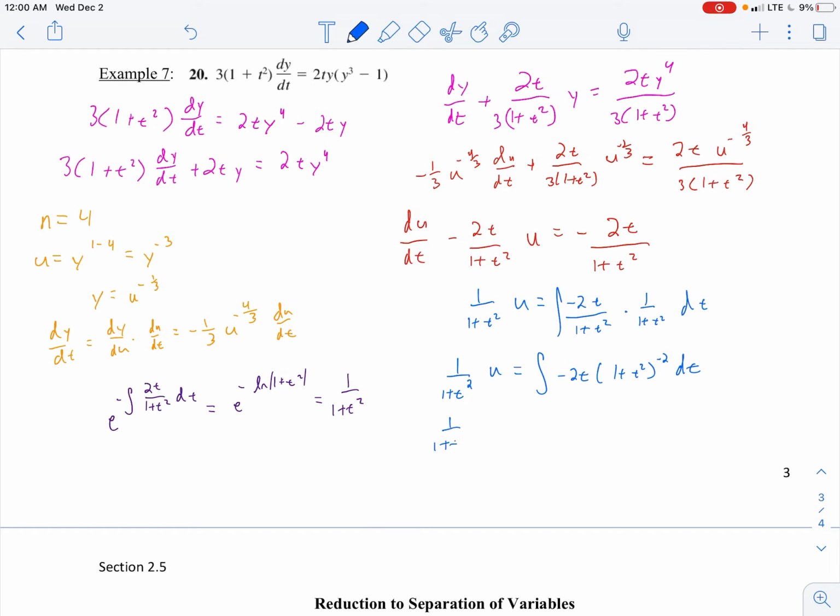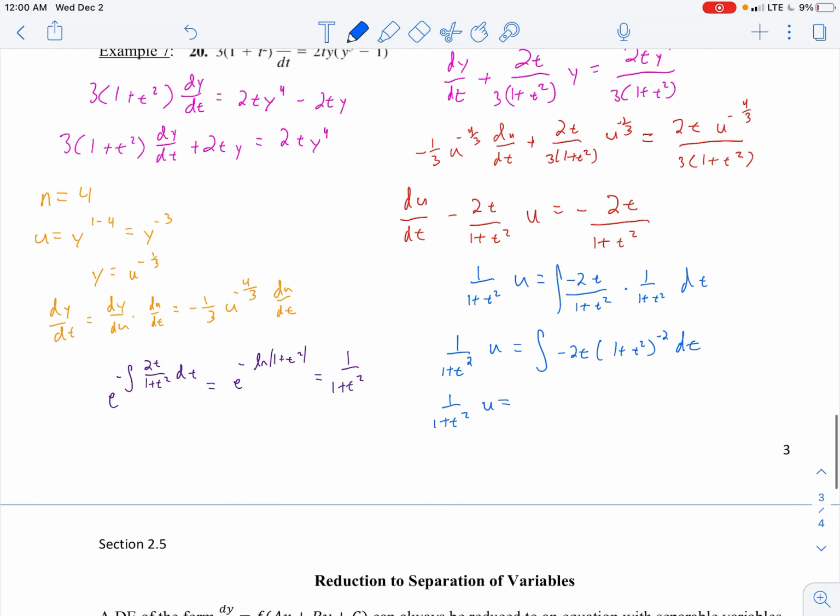So I have 1 over 1 plus t squared u is equal to, now taking the antiderivative, this looks like it's just going to be 1 plus t squared to the negative 1 plus c.